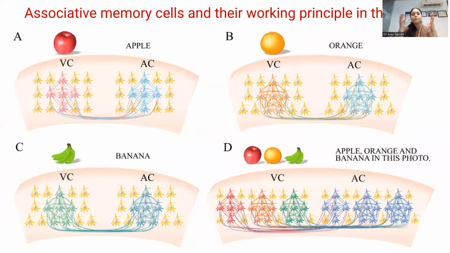Now, how are these associative memory cells connected with each other in our brain? It is one of the important things. We have an apple, an orange, a banana. Our mind is trained enough with the help of our parents when we are a kid that whatever image comes in front of us, we can easily recall it, and our neurons get activated and we get the result.